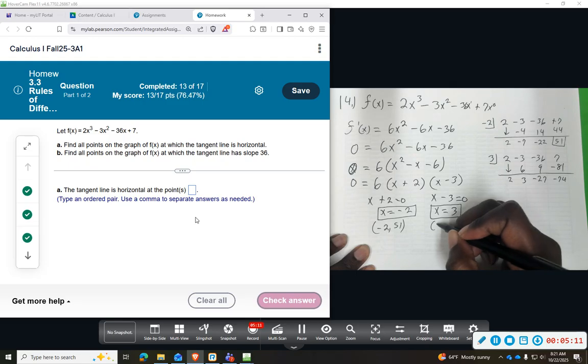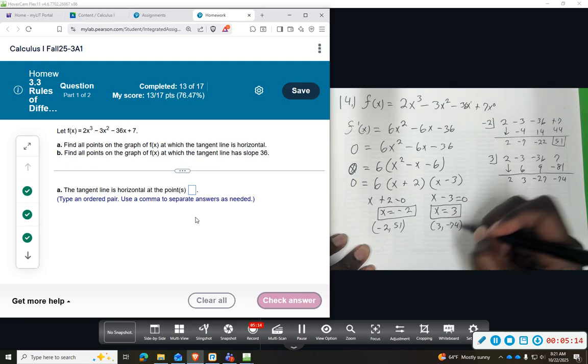Okay, so we get the ordered pair 3, negative 74.